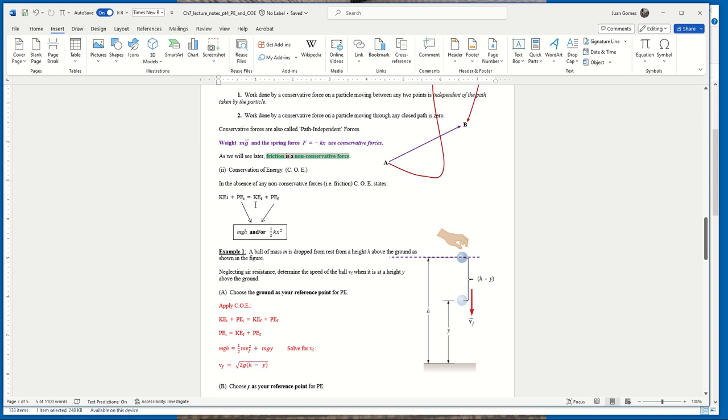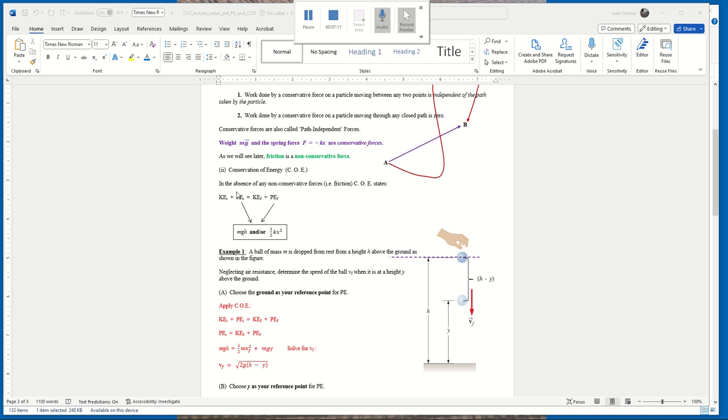Conservation of energy states that the initial kinetic energy of the system, typically one or more objects, plus the initial potential energy of the system is equal to the final kinetic energy of the system plus the final potential energy of the system.